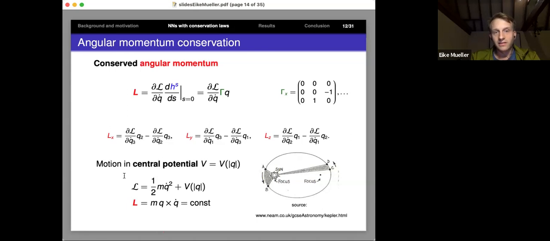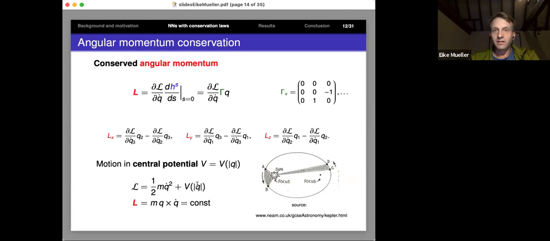In this case, this expression reduces to the normal angular momentum. That's what you can find in your physics textbook. But note that if I have an arbitrary Lagrangian and assume it's invariant under this transformation, then these quantities L_x, L_y, and L_z are still conserved, even if the Lagrangian doesn't have this very specific form where I split it up into a kinetic term and the central force potential.